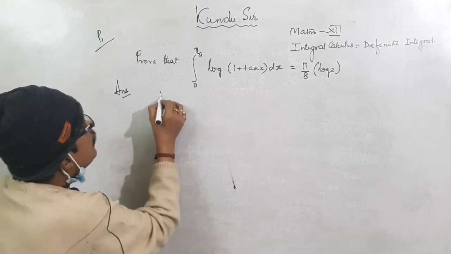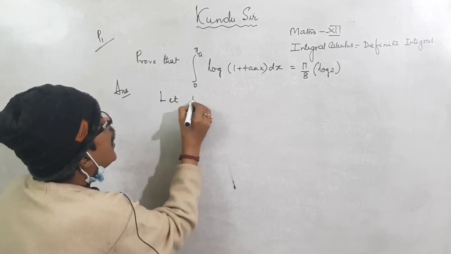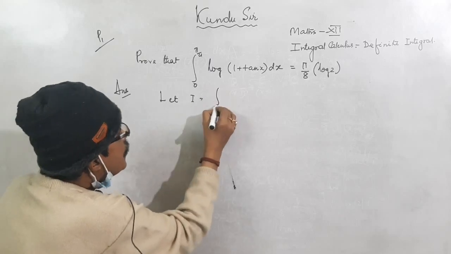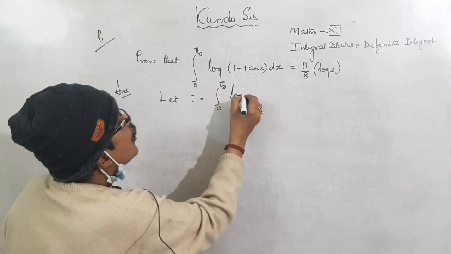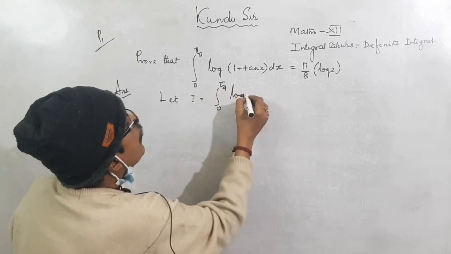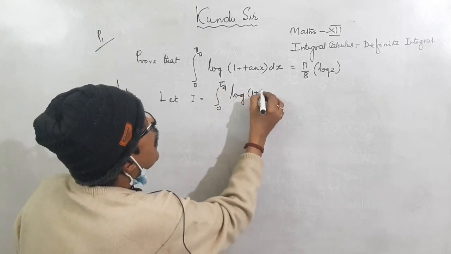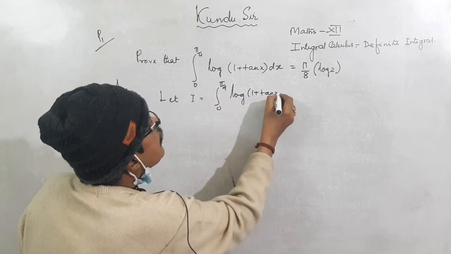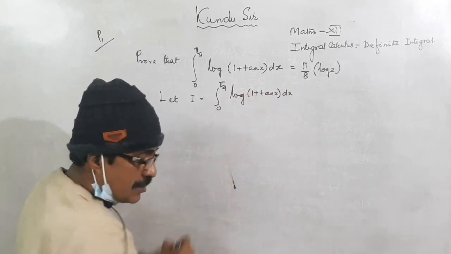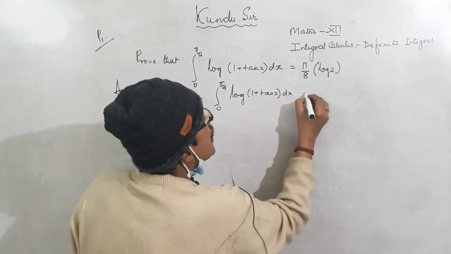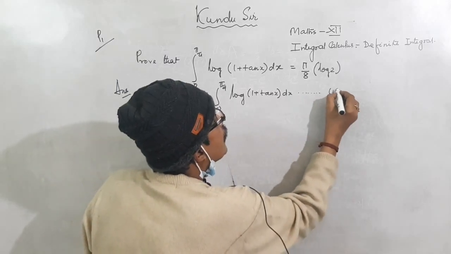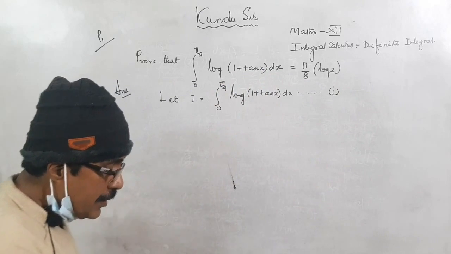Let I equal to integral from 0 to pi by 4 of log(1 plus tan x) dx. We are marking this as 1.